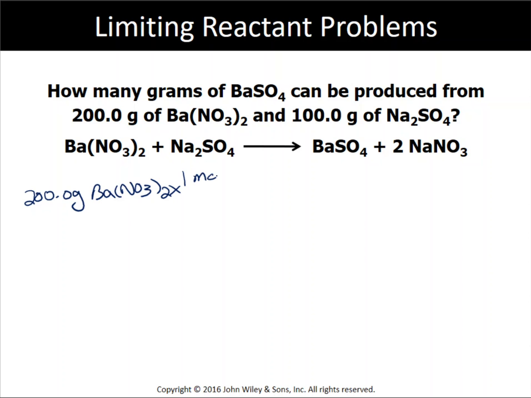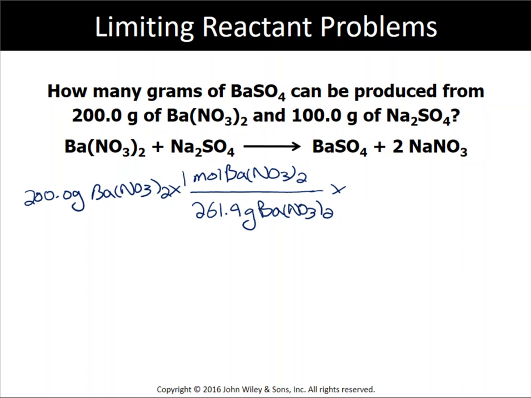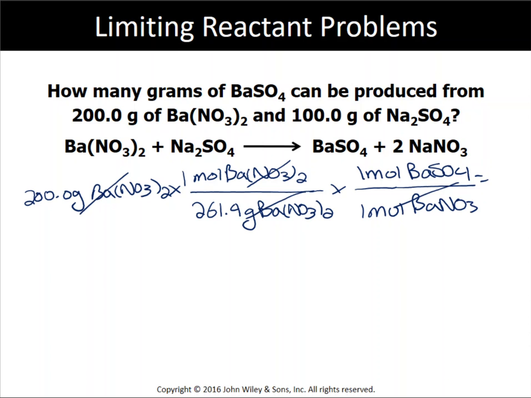So I'm going to convert to moles of barium nitrate first. So this gives me 0.7651 mole of barium sulfate.